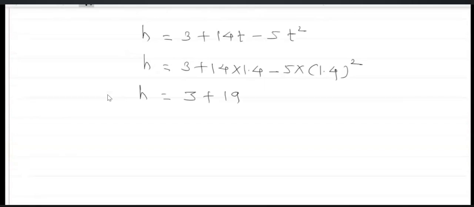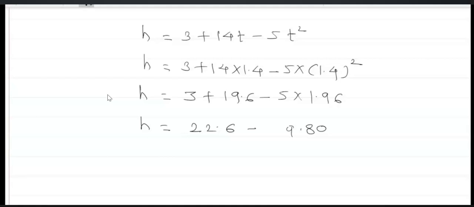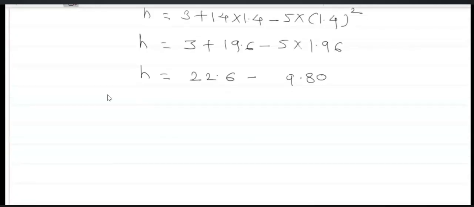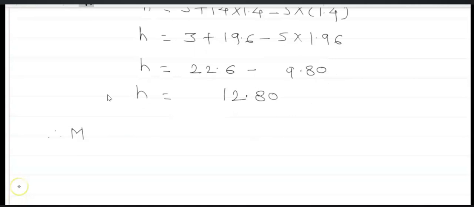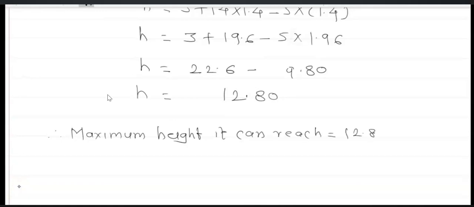Therefore, h = 3 + 19.6 - 9.8. Therefore, the maximum height is 12.80.